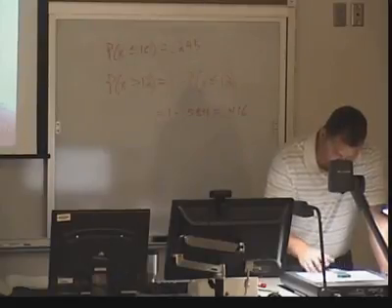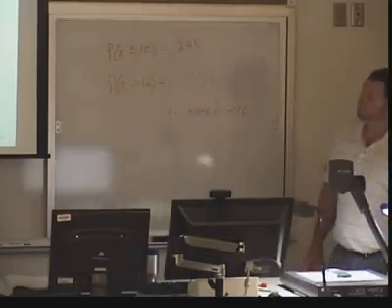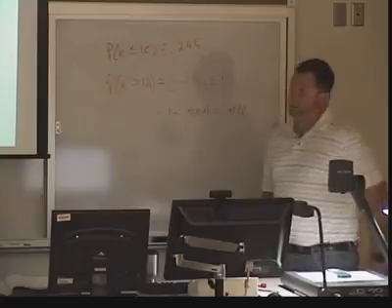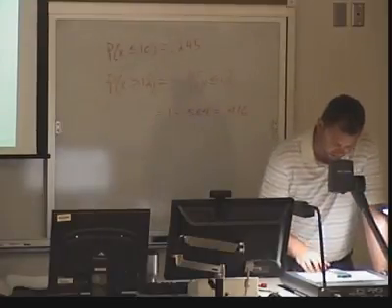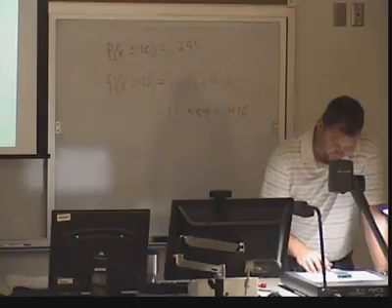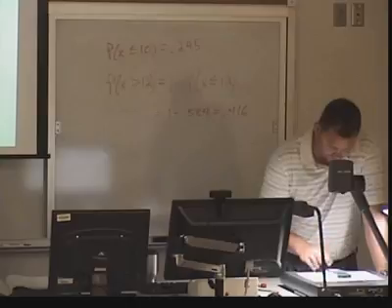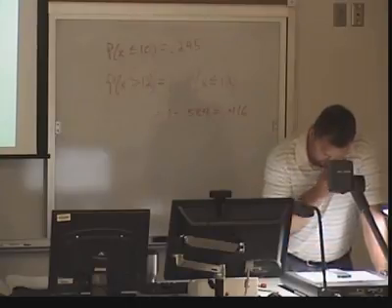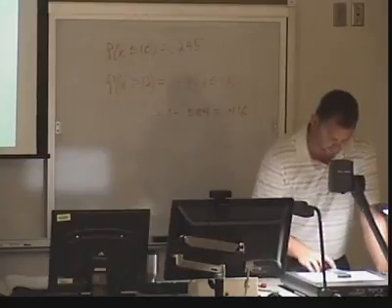Plus, open parenthesis, negative, well, you can use the minus as well, it doesn't matter. Plus negative 2 squared times the probability of negative 2, which is 0.09. Close parenthesis, plus, open parenthesis, negative 1 squared, times the probability of getting negative 1, which is 0.16.